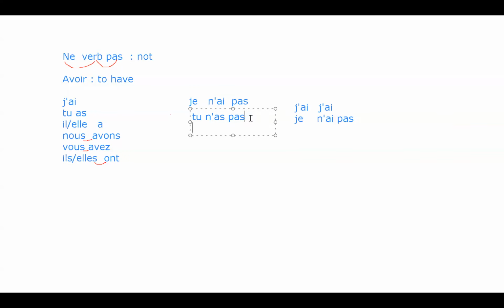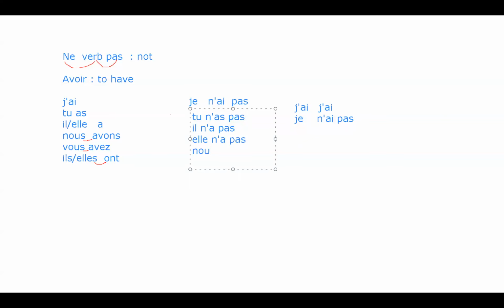Similarly, if we talk about il, that is he, she: il n'a pas, elle n'a pas. That is negation. N'a pas. He doesn't have, she doesn't have. So from the beginning, je n'ai pas, tu n'as pas, il n'a pas, elle n'a pas.